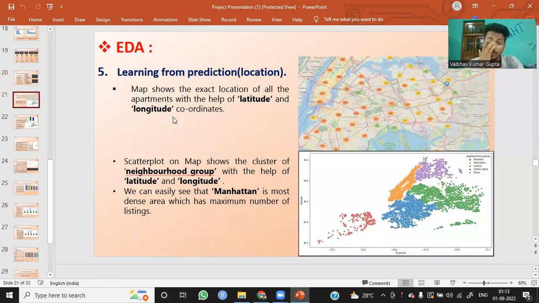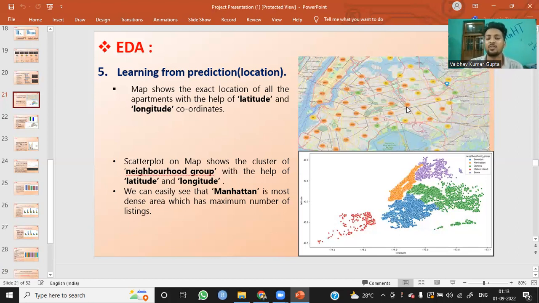For the fifth question, we have learning from prediction. Basically, it is about what we can analyze for location. Using the scatter plot, we have drawn a plot below, and above we have plotted it using the Folium library, which gives a good visualization of the data.